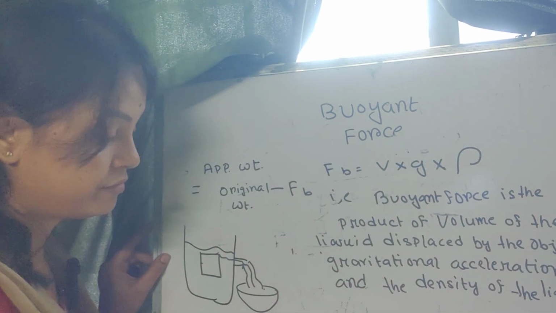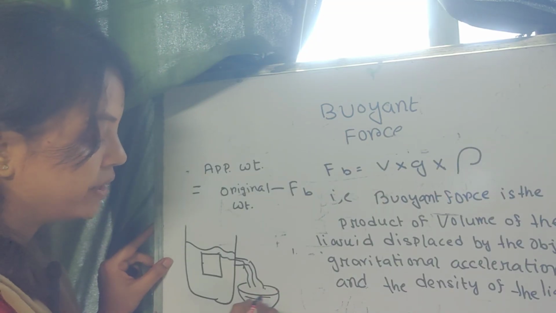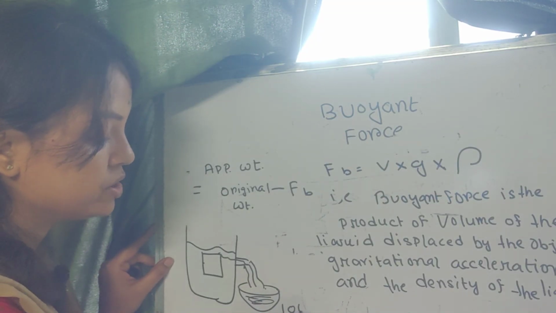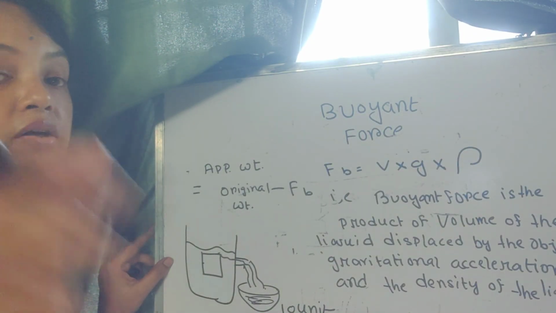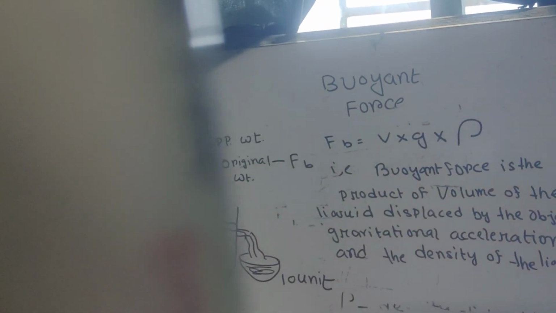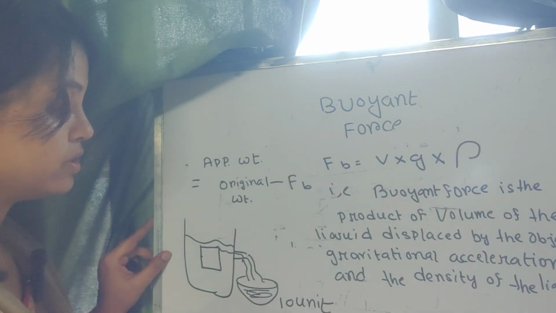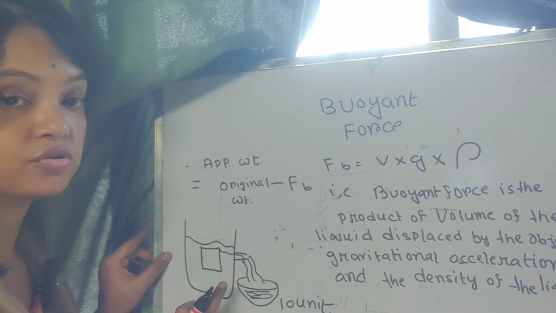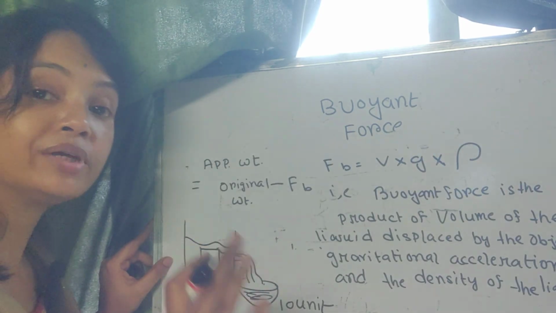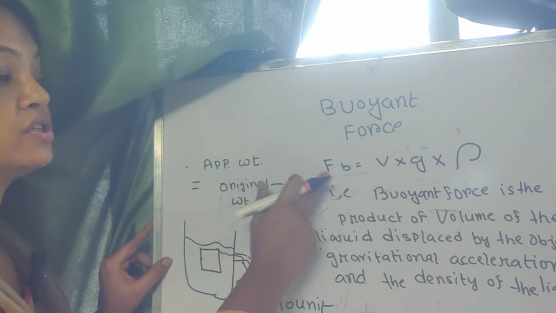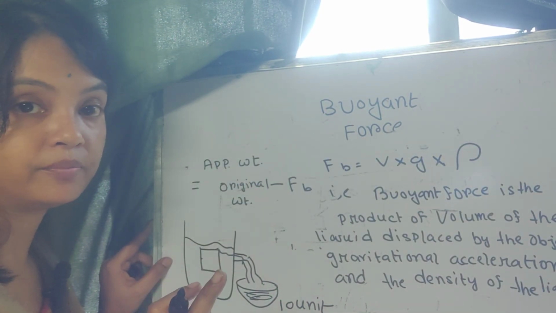Now, if the weight of the water is, suppose, 10 units, that means this is equal to the buoyant force. If we measure the water weight and it is 10 units, then we can say that the buoyant force is also 10 units.